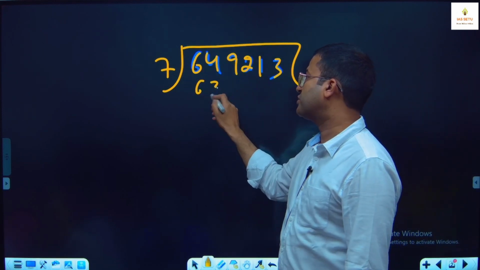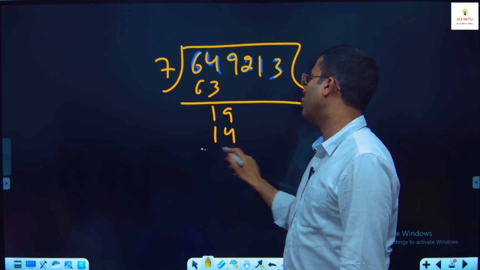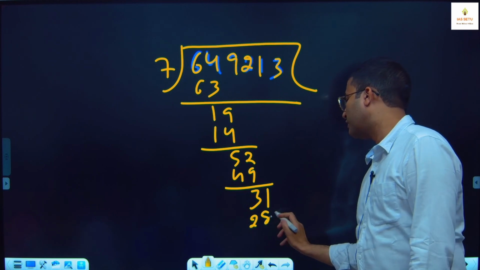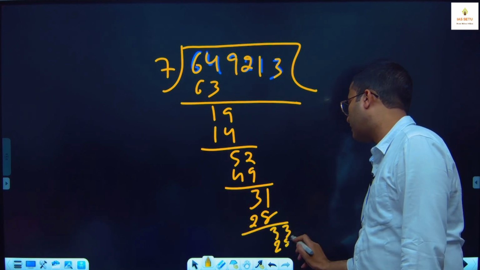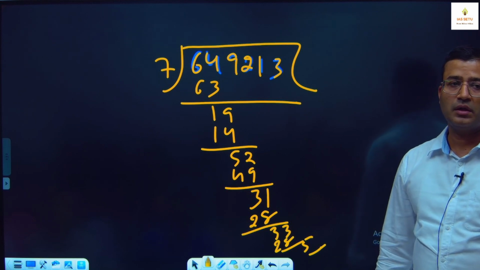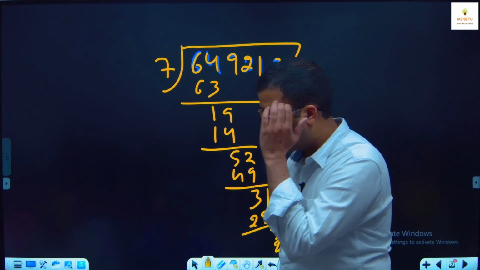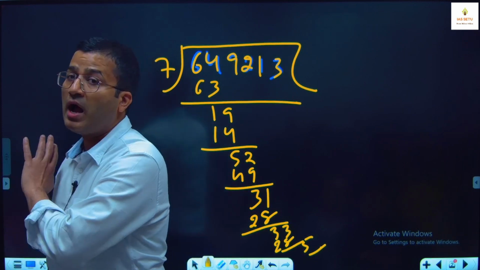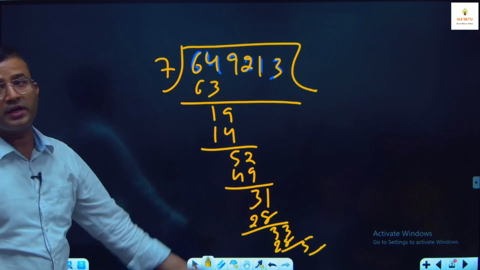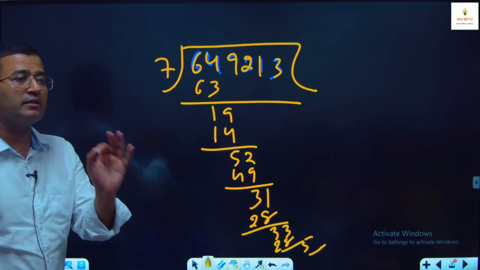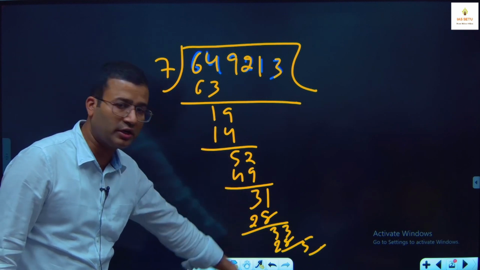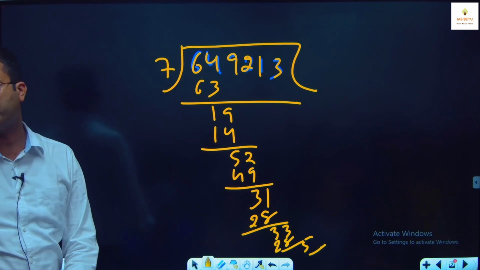See here, 63, 19, 14, 52, 49, 31, 28, 33, 28 remainder. So here for divisibility of 7, 13, 19, I'm not in favor of any new method because I know we already have the best method with us, that is the school method, that checks divisibility also and gives the remainder also. वो आपको remainder भी देगा.